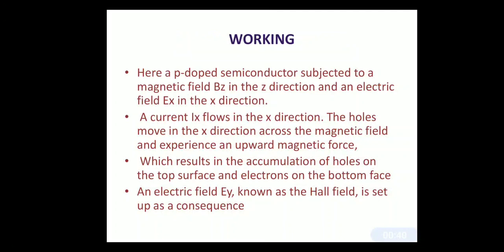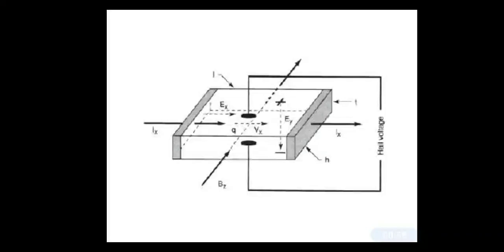Moving on to the working of the Hall effect transducer, we will explain the working with the help of a construction diagram, and the material used for the explanation will be a p-doped semiconductor. We can even understand the working with n-type material, but for the time being we will be considering a p-type material.